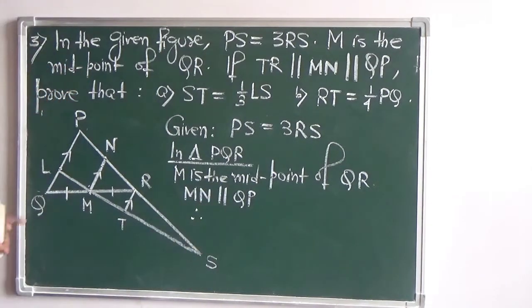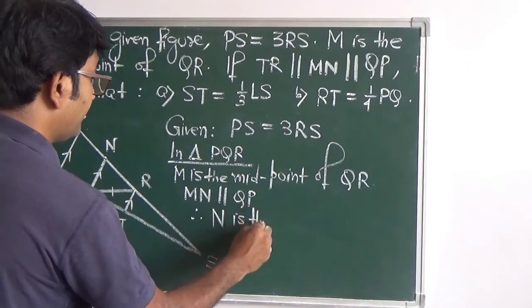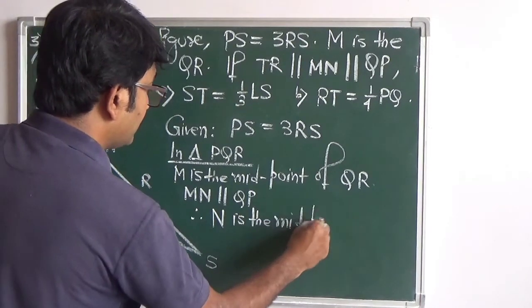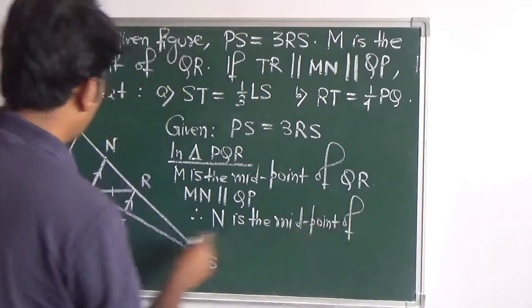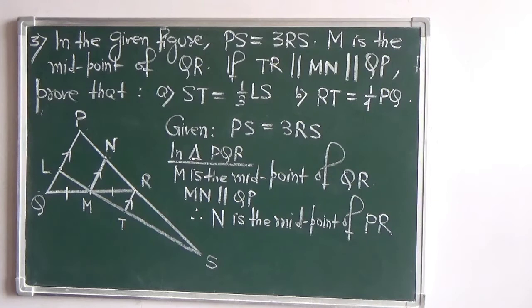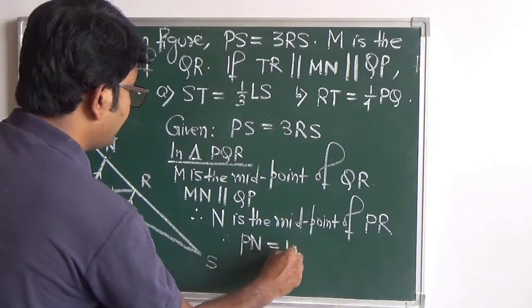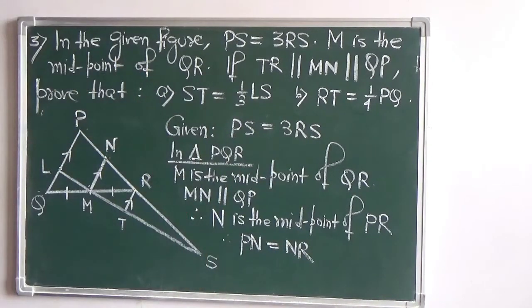So therefore we can say that N is the midpoint of PR, by the converse of the midpoint theorem. So we know that N is the midpoint of PR, therefore you can write PN is equal to NR. This is true. Now we have to prove that ST equals 1/3 of LS. This one. So let us now, I am rubbing this.